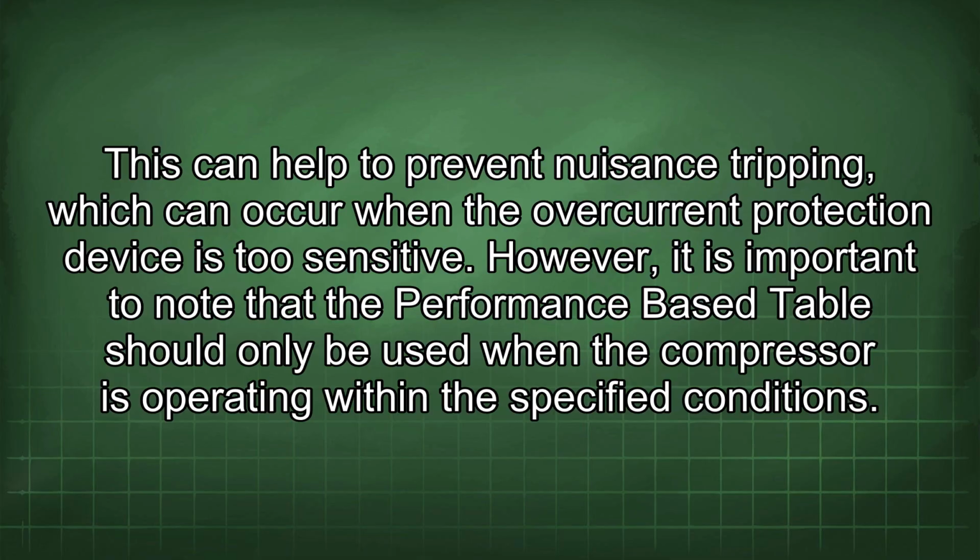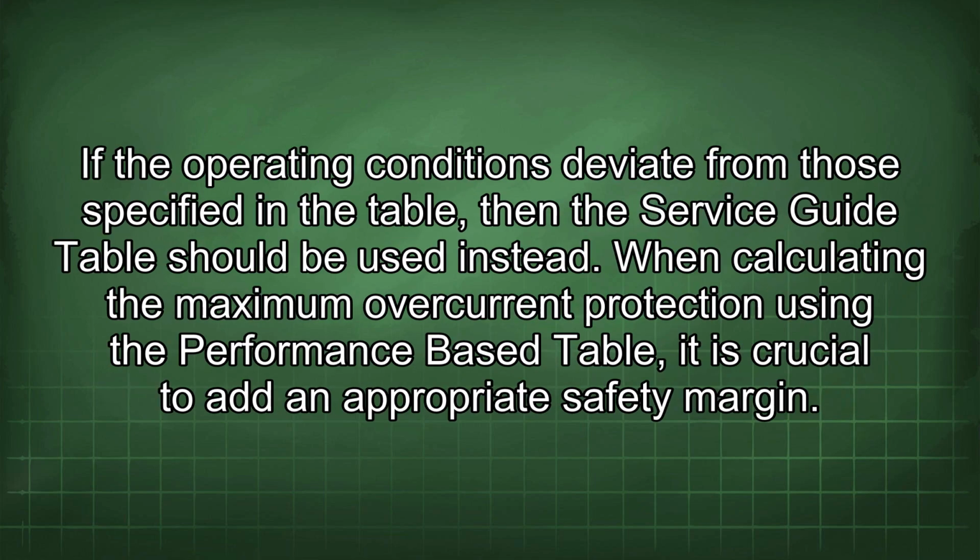However, it is important to note that the performance-based table should only be used when the compressor is operating within the specified conditions. If the operating conditions deviate from those specified in the table, then the service guide table should be used instead. When calculating the maximum overcurrent protection using the performance-based table, it is crucial to add an appropriate safety margin.